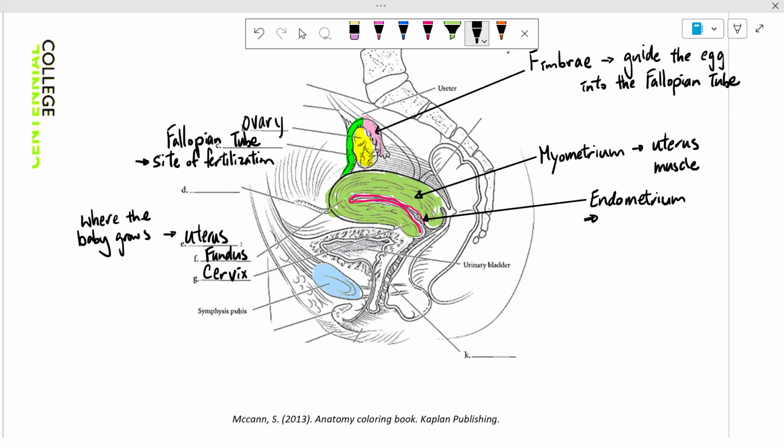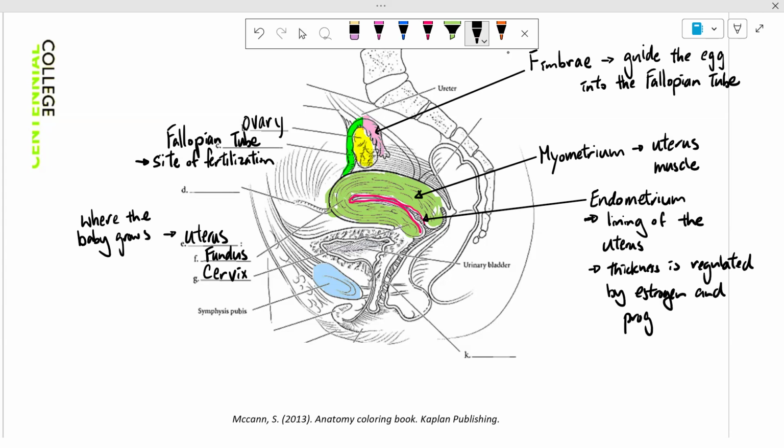It is the lining of the uterus, and its thickness is regulated by estrogen and progesterone, which we'll talk about later.